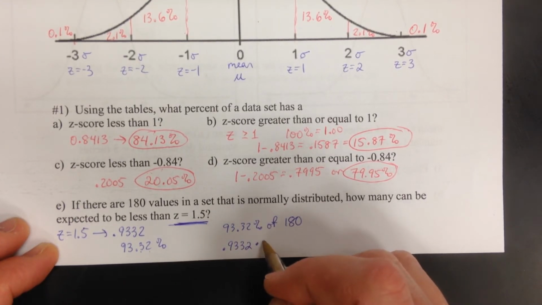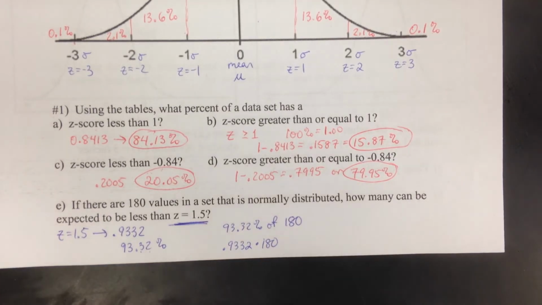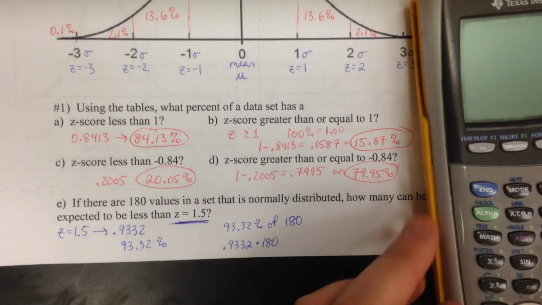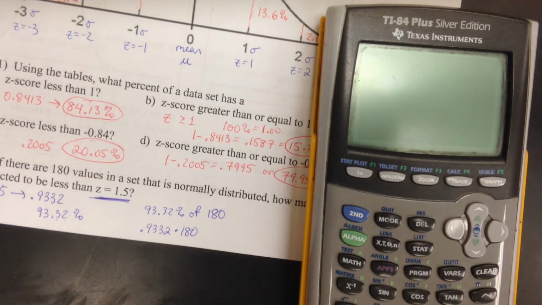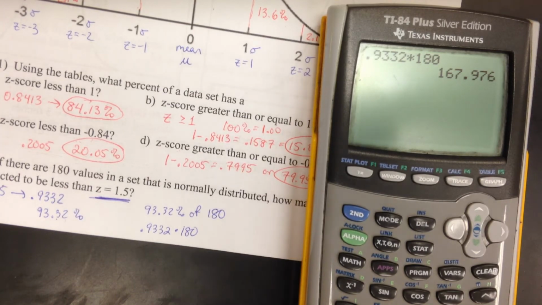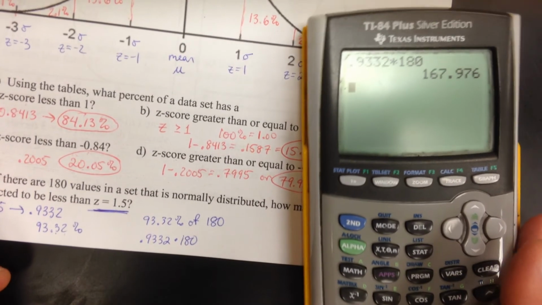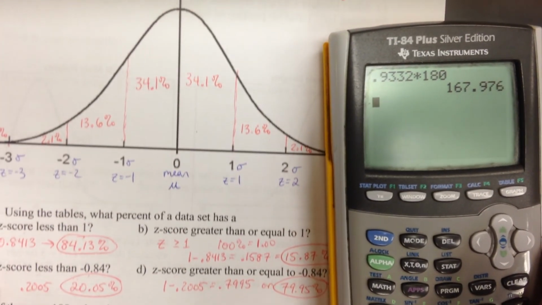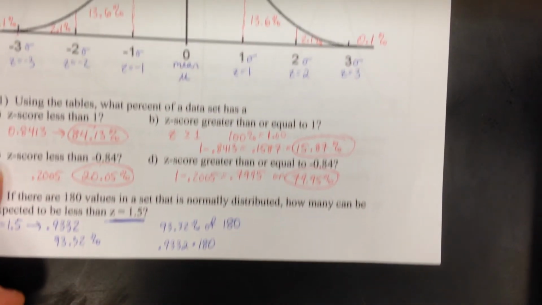So 0.9332 times 180, and this will be a calculator problem here. So we'll take 0.9332 times 180, and we get 167.976.